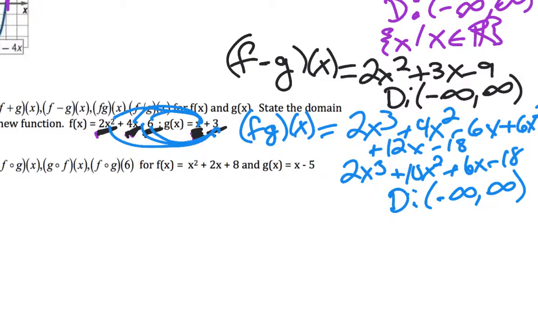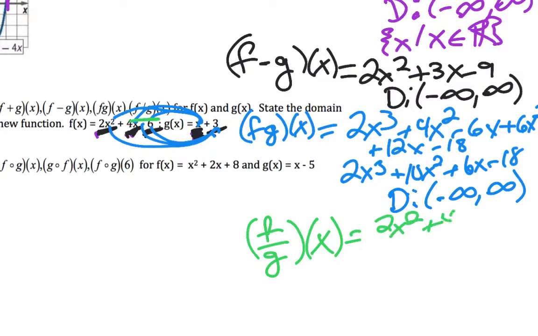One more. This is going to be the division, f divided by g of x, f of x divided by g of x. And so we have a 2x squared plus 4x minus 6 all over x plus 3.